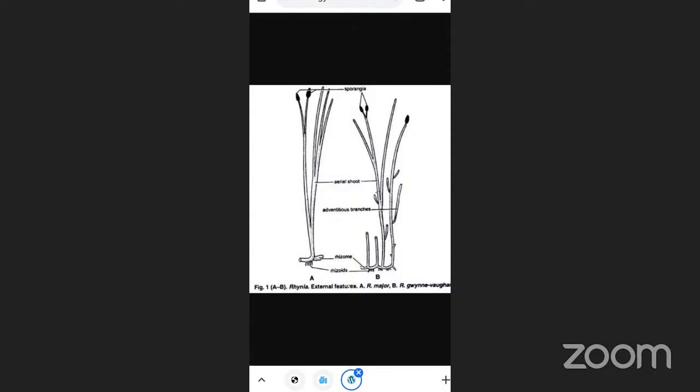What is the habit? Both species are herbaceous. Rhynia major was the largest species, with the aerial stem measuring around 50 centimeters in height and 1.5 to 6 millimeters in diameter.